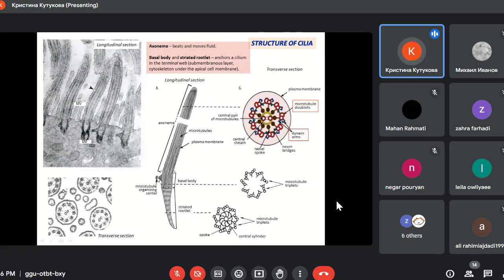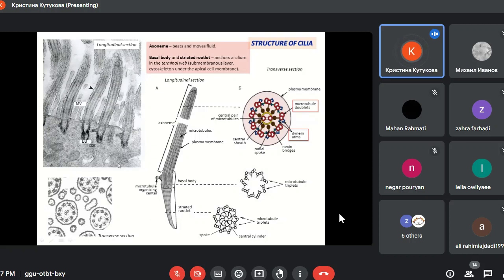Next, cilium has basal body and striated rootlet parts. These parts are anchored inside the cytoplasm of a cell. And this is how they look in cross-section. So basal body has triplets of microtubules, and striated rootlet has also triplets of microtubules and a central cylinder.